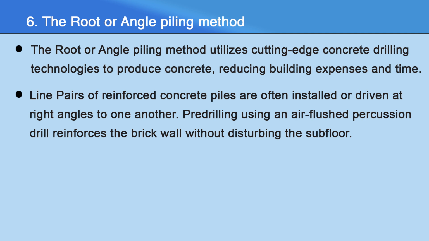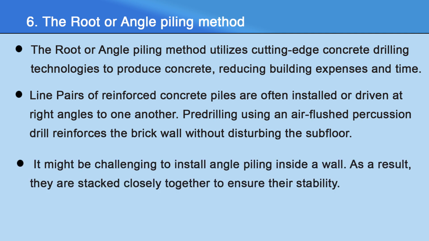Pre-drilling using air flush precautions reinforces the brick wall without disturbing the subfloors. It might be challenging to install the angle piling inside the wall. As a result, they are stacked closely together to ensure their stability.